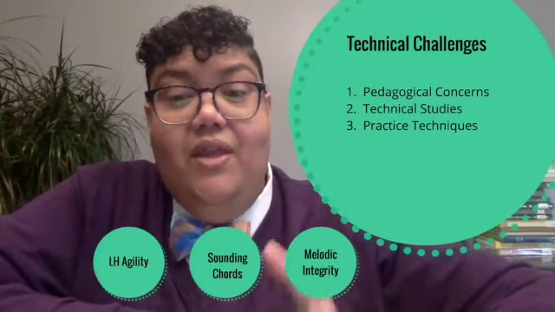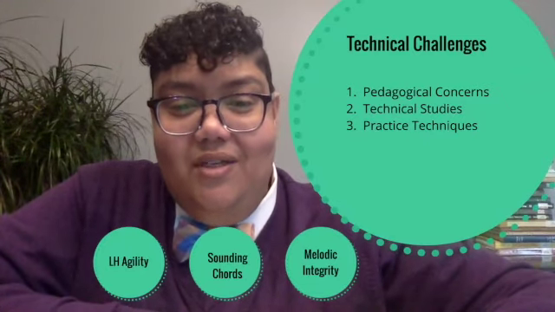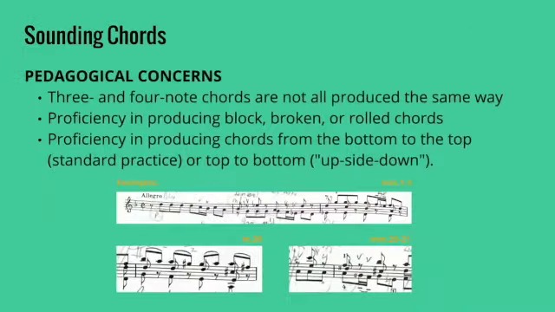All right. The next thing I want to talk about is how chords are sounded in this piece. So 3 and 4-note chords are all over the fugue, but they are not all produced the same way. So the 3 techniques are producing them in a block, which is when all of the notes sound almost simultaneously.